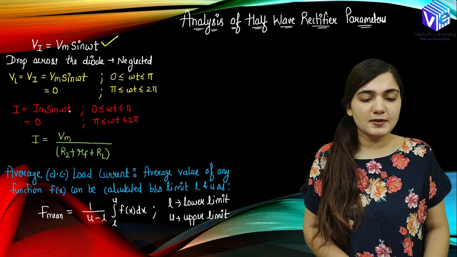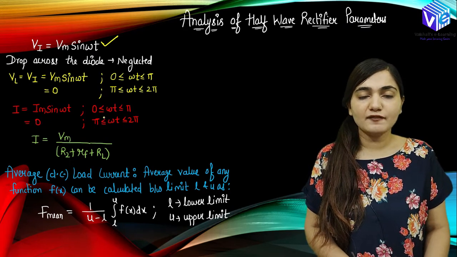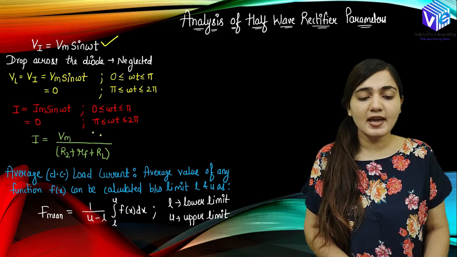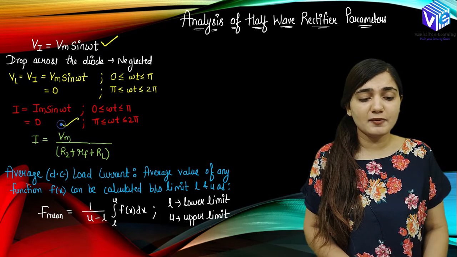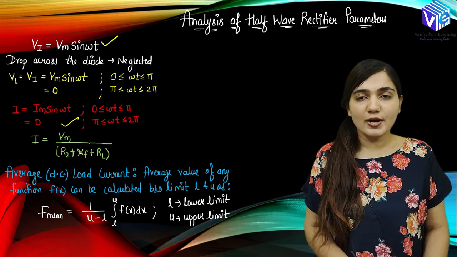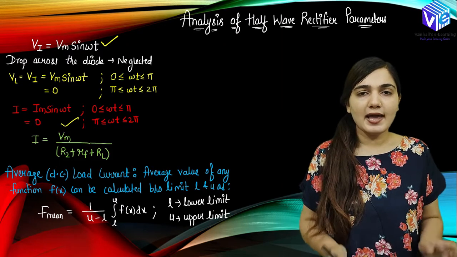The current can be represented in a similar manner as Im sin omega t when I have the positive half cycle, which means omega t is in between 0 to pi, and in the negative half cycle, that is omega t in between pi to 2 pi, I will be having zero current. Now what is Im? Im is given by Vm divided by the total resistance.